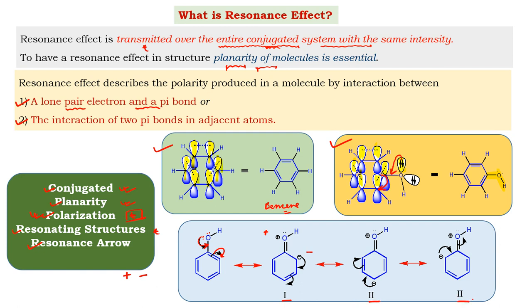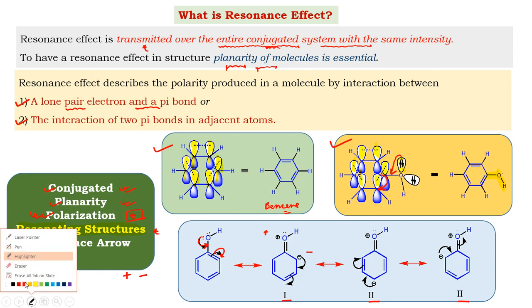The negative charge which forms on the carbon gets distributed over other carbons, and all these possibilities we are writing are underlined as resonating structures. So all the possibilities that we can draw with respect to the stabilization of the charges being formed in the system are called resonating structures.